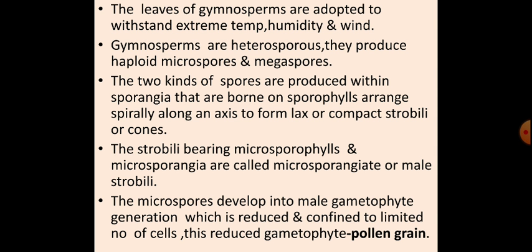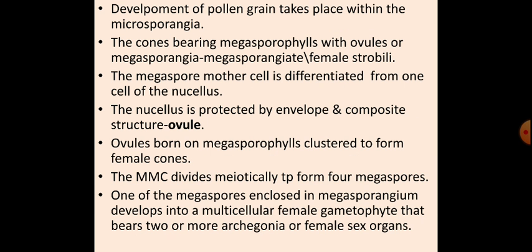Microsporophyll will develop into microsporangia, which will release a male gamete called pollen grain. For sexual reproduction, we require male and female gametes. So the male gamete is released by microsporangia, called pollen grain. Next, the cones contain megasporophyll. Megasporophyll will develop into the female gametophyte inside the megasporangia, which is called ovules.